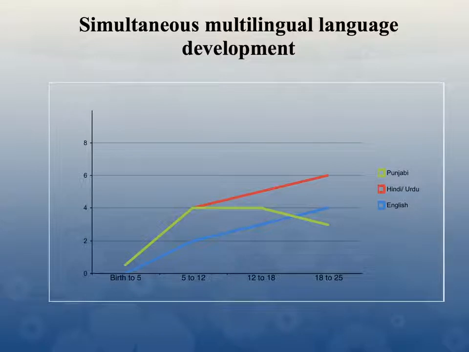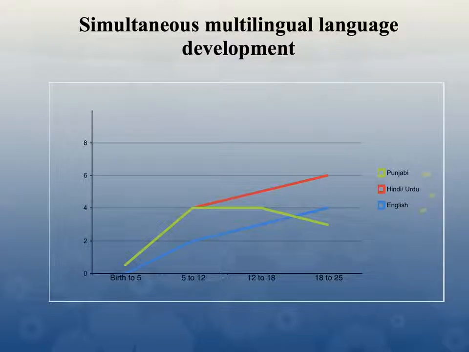So here's a sample of what we call a simultaneous multilingual language development. I'm what's called a sequential language learner, which means that I learned language a little later. When we say simultaneously, it means that the person was exposed to multiple languages from an early age, usually before the age of 5. So in this person's chart, we can see that this person knows Punjabi, Hindi or Urdu, and English.